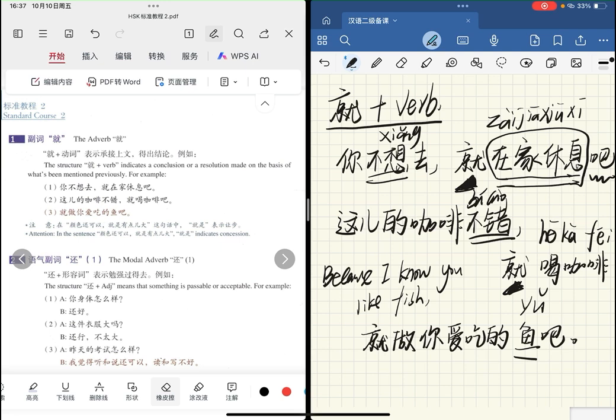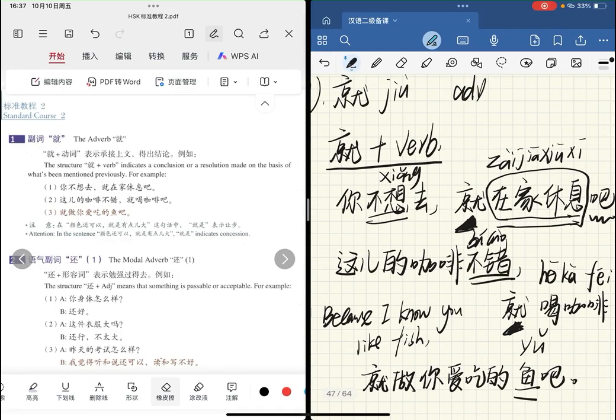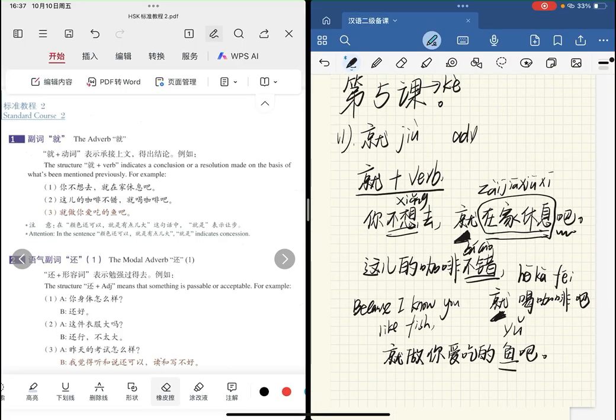So we decide to make the fish you really like. Okay, so this is 就 as the verb.